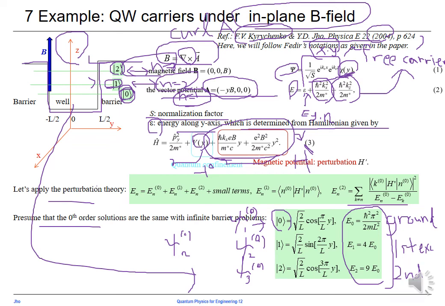So we put this wave function into here. H prime is given here, the wave function is given here. We plug this information into perturbation theory, then calculate the En. That's what we want to know. We will do the details in the next class.